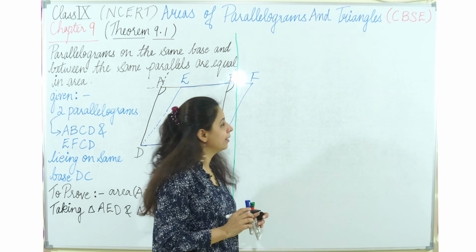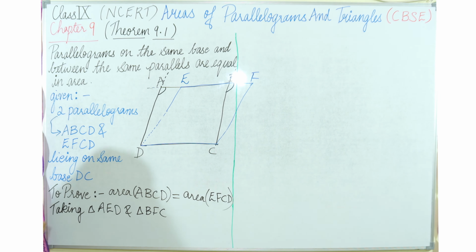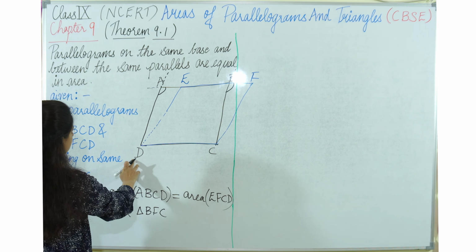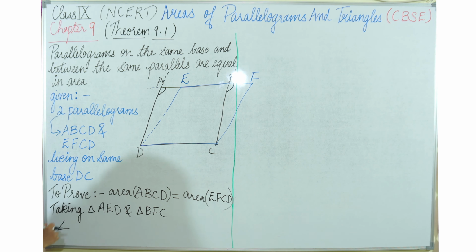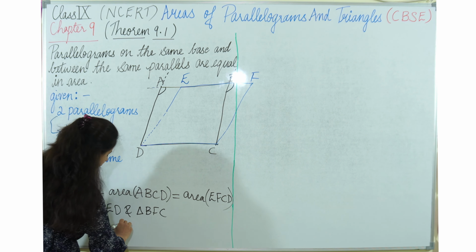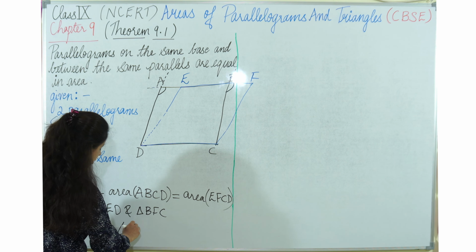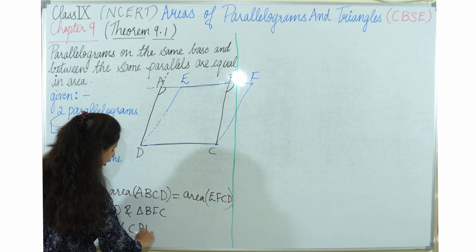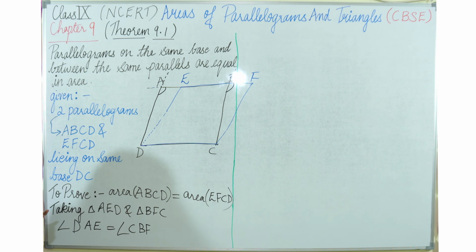Okay, so let us write down our first observation which we came to know. The first observation is angle DAE will be equal to angle CBF. Okay, and let us write down the reason behind it.